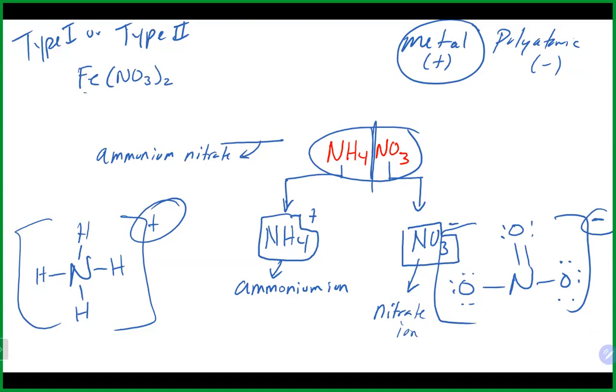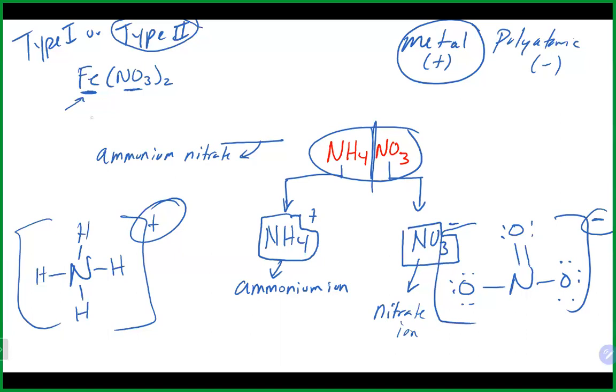Here we would look at it and go, that's a metal, and that is a polyatomic ion. Once again, because the metal's involved here, it is the one that's most important, and that is iron, which is a transition metal, which should tell us it is a type 2 situation. So we do need a Roman numeral when we go to name this.